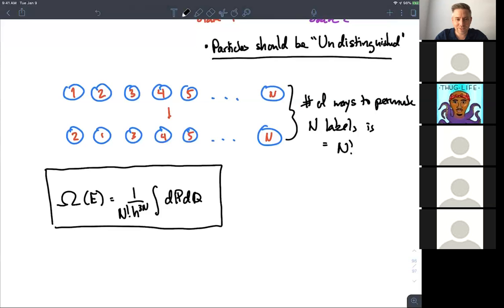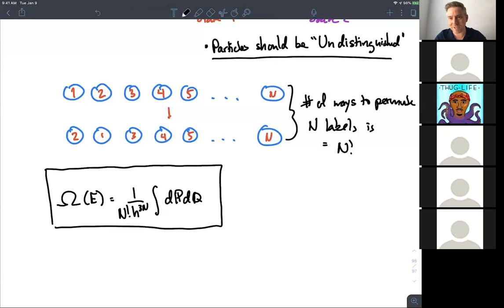All right, very good. So where this n factorial really becomes obviously necessary is in what's called the Gibbs paradox. You have two boxes that are filled with identical gases, and then they're separated from one another, and then you unseparate, you allow them to mix. And when you allow them to mix, you would expect that what you get afterwards is in every way, other than having a division between the two, identical to what you started out with.